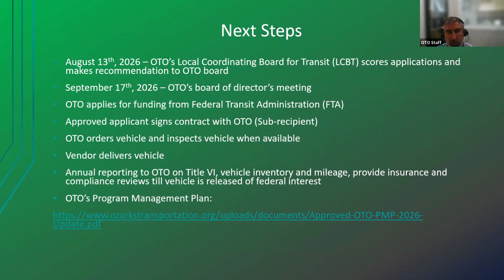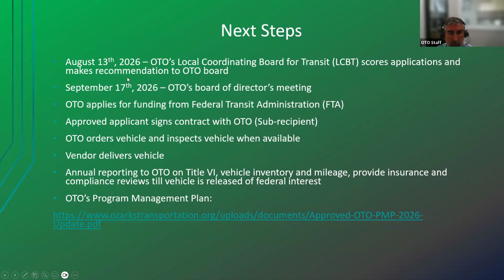Then you have vehicle inventory and mileage, so you report what the mileage is and the state of the vehicle, and provide your insurance. And then there's also some ridership information that it asks for. We have it a little bit different for new applicants: we'll probably do a little more oversight at the beginning and then move to the annual reporting. As I said, everything is outlined in our program management plan as well.